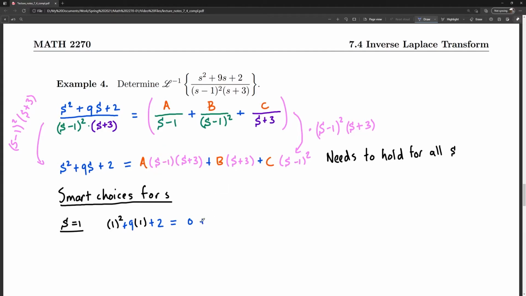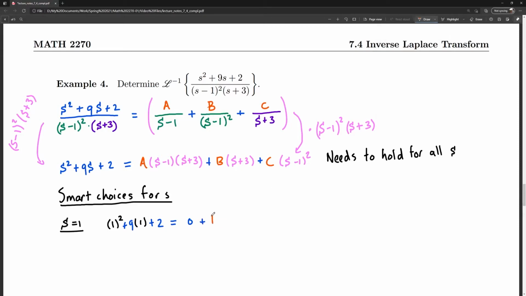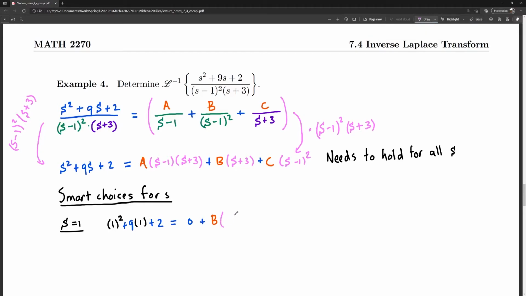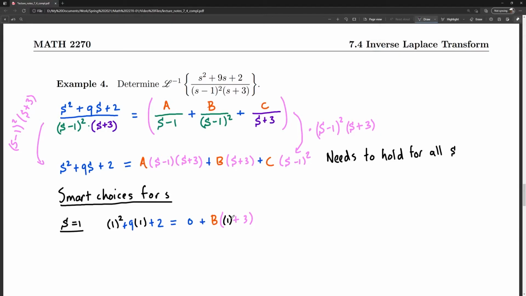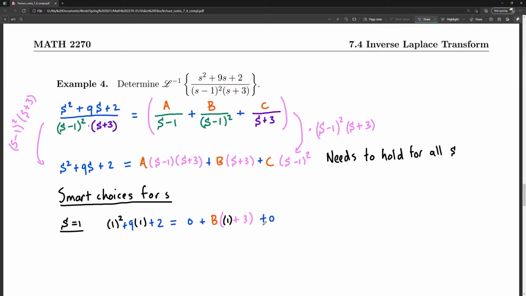And then plus B times (1 plus 3). That's my s. And then plugging in s equals 1 makes that last term 0 again.